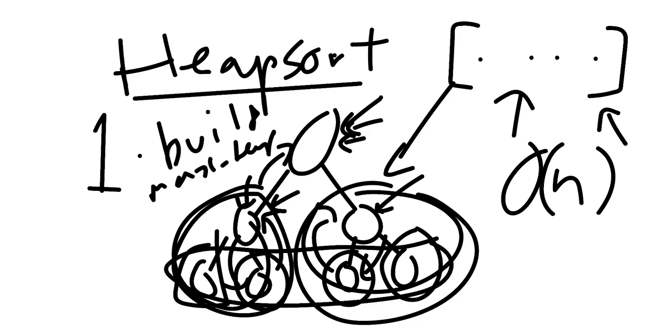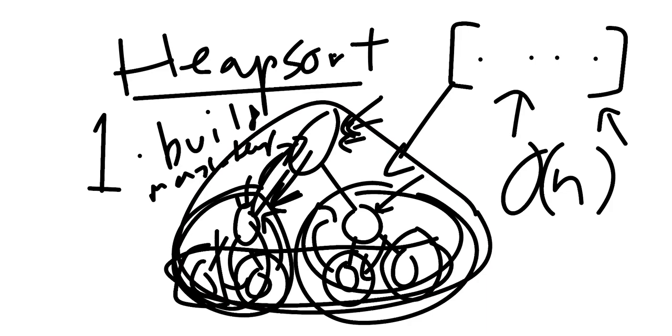So now this thing goes down here, and this thing bubbles up here, and now the whole tree satisfies the max heap property because we bubbled up and bubbled down all the way until we reached the maximum element being in the maximum spot, and the other elements being in their respective spots.